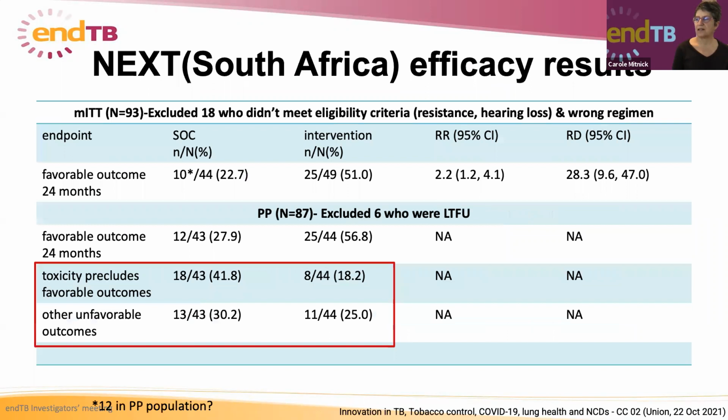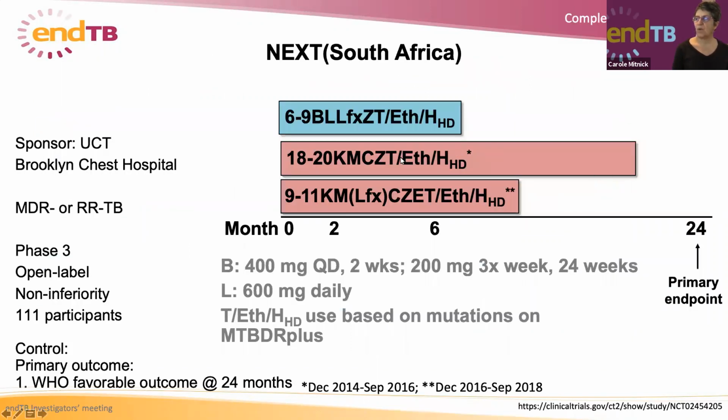back to that slide, I should have made this point sooner. While this comparator did evolve over time, neither of them is the current comparator in South Africa. The current standard of care in South Africa actually does look a lot like this experimental regimen, except that it's the 9-month version of it.